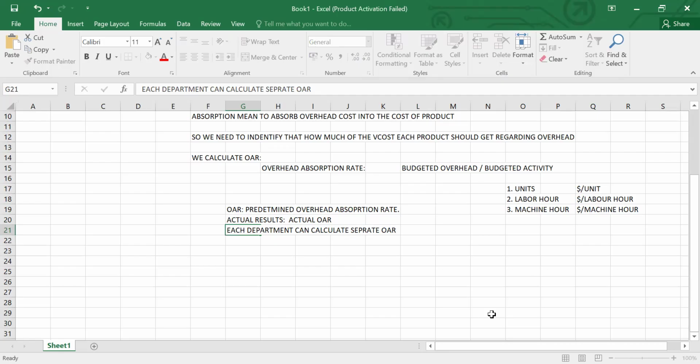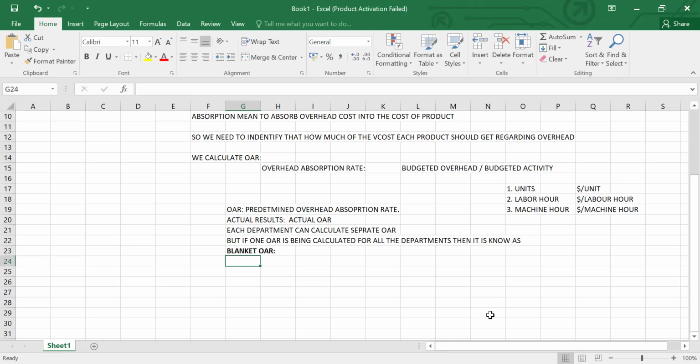But if one OAR is being calculated for all the departments, then it is known as blanket OAR.